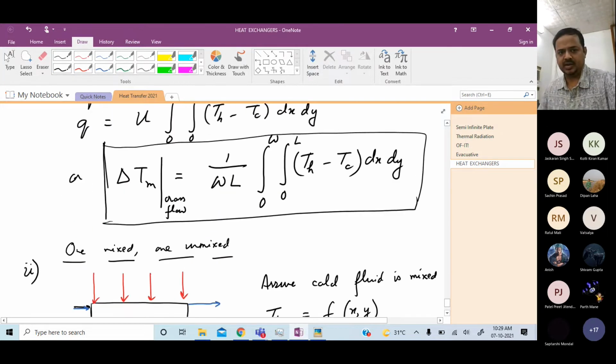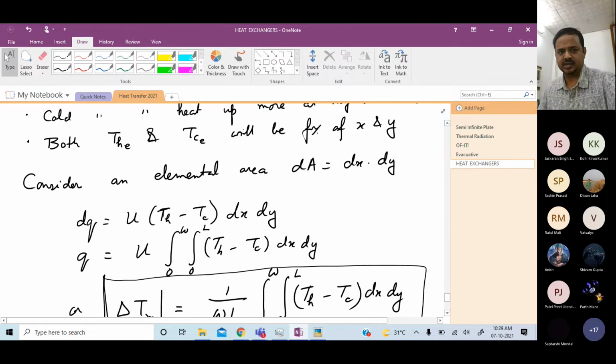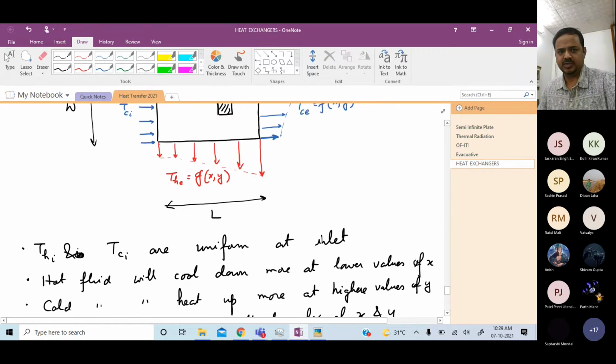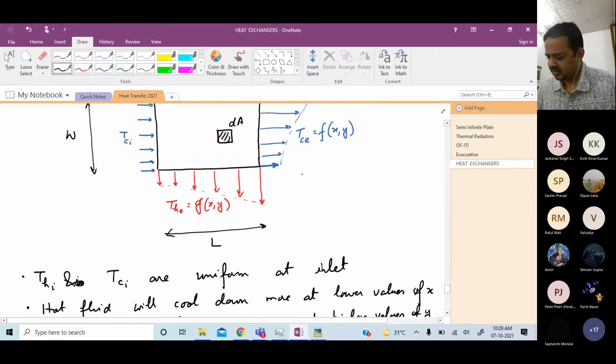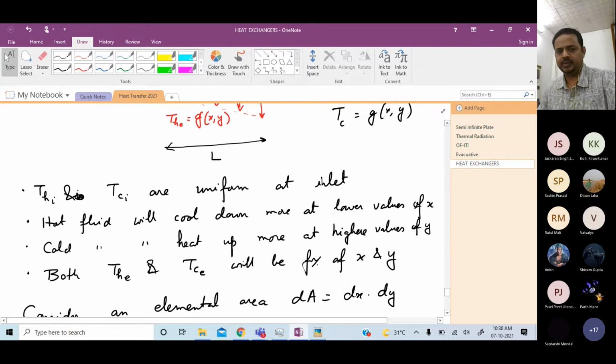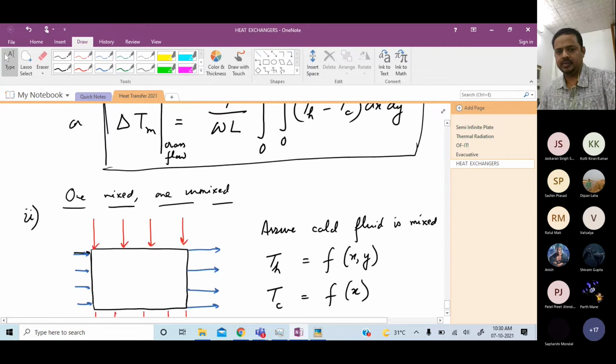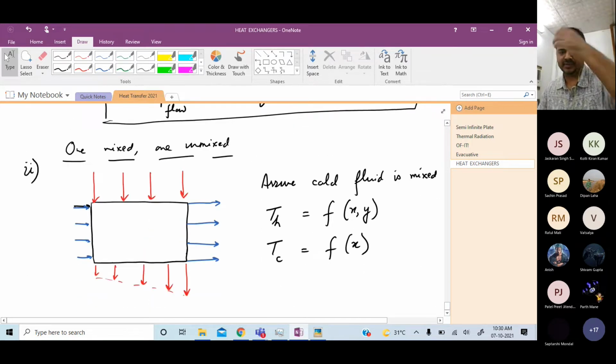Sorry, I should have done this before. I'll correct it here: TH is going to be a function of x and y. TC is also going to be a function of x and y. It's not just at the exit, but everywhere.